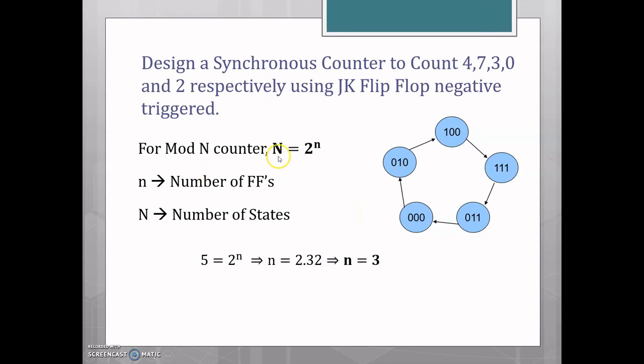Use the formula capital N equals 2 power n, where capital N represents the number of states and small n represents the number of flip-flops. Since there are 5 states, 4, 7, 3, 0 and 2, substituting 5, I get n equal to 2.32. The number of flip-flops must be an integer, so n is equal to 3.